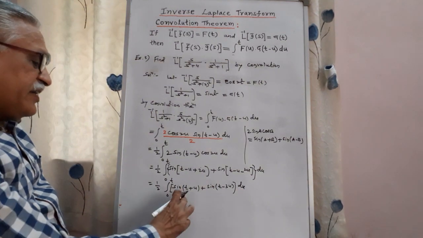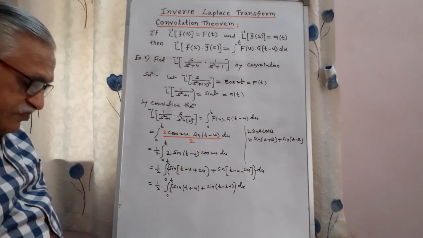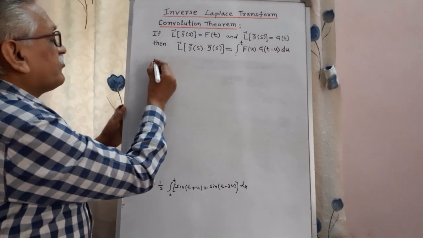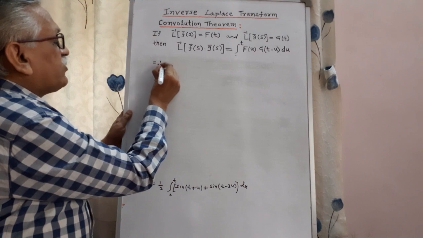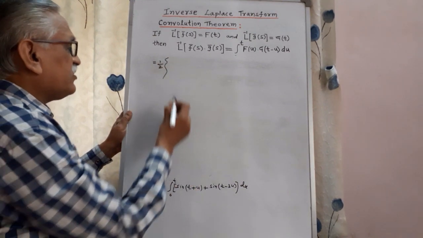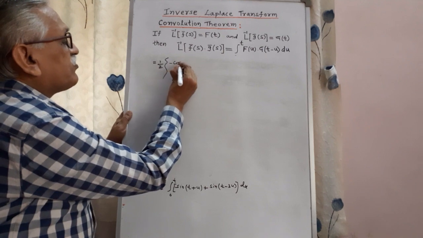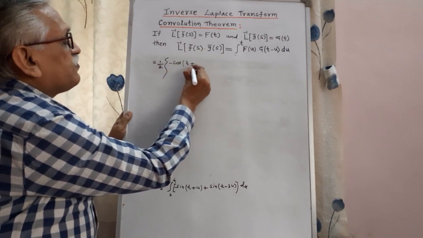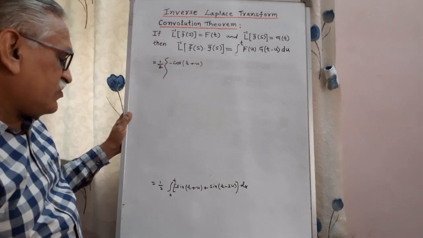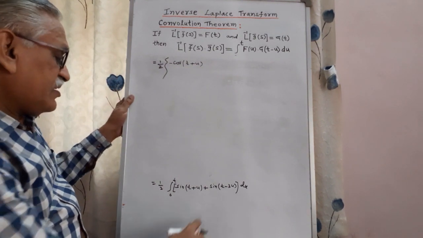Okay, integrating this with respect to u, therefore it is equal to 1 by 2 as it is. Integration of sine is minus cos of t plus u divided by the coefficient of u, 1. Therefore, it remains same.